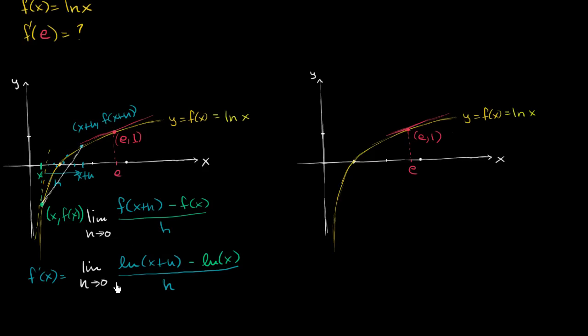It's kind of a crazy looking function of x. You have a limit here and all of that, but every place you see an x, like any function definition, you can replace it now with an e.